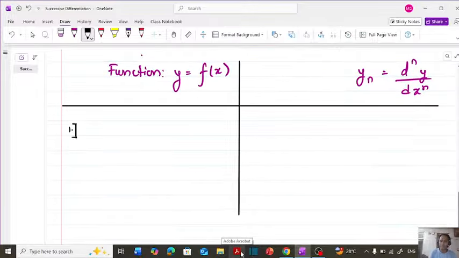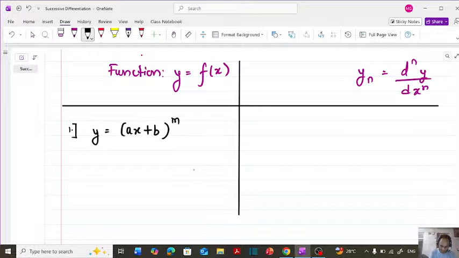It's a long thing in this. Derivative formulas are a bit lengthy and we don't have to worry about them, but just be mindful about it. So your first formula is y equal to (ax plus b) to the power m, and here if n is less than m, then what is the derivative going to be?